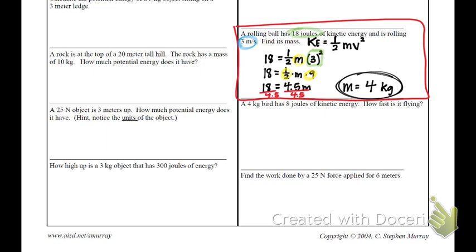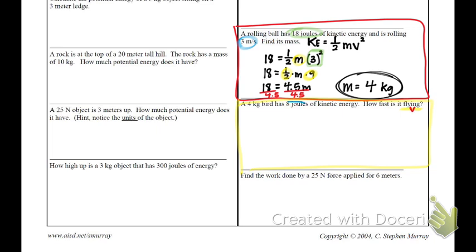Okay. Let's do the one below that next. A 4 kilogram bird has 8 joules of kinetic energy. How fast is it flying? What are they asking us to find? What's the V? We're looking for velocity.